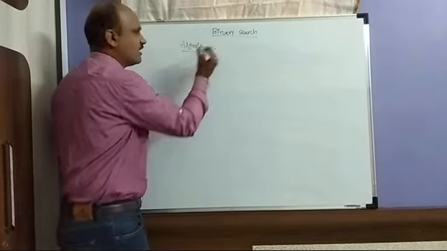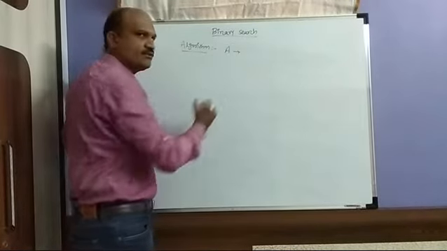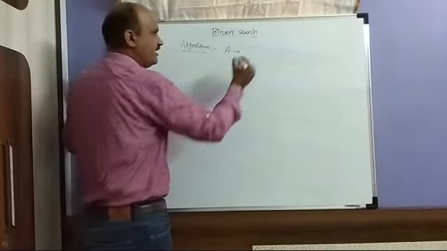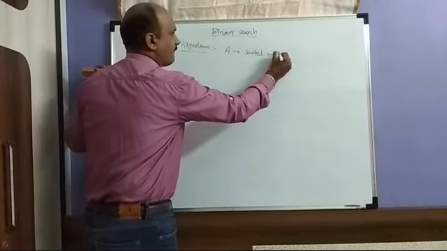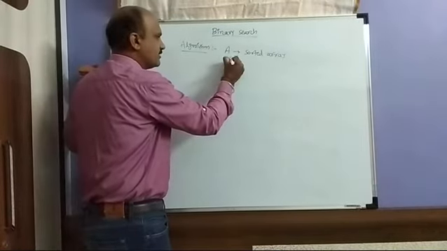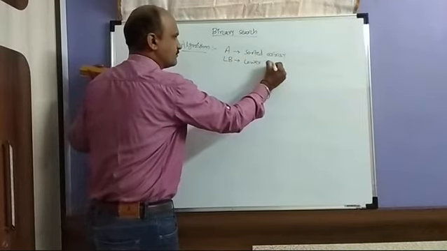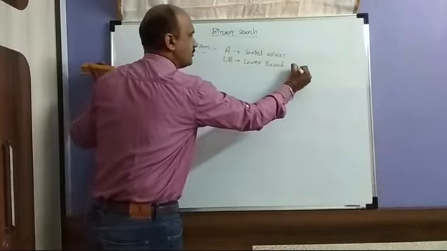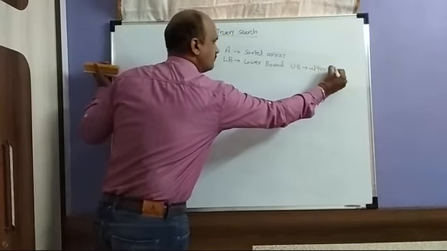So what are the things you need? As I told you, you need A as your sorted array. Then you need LB, that is lower bound, and UB, that is upper bound.